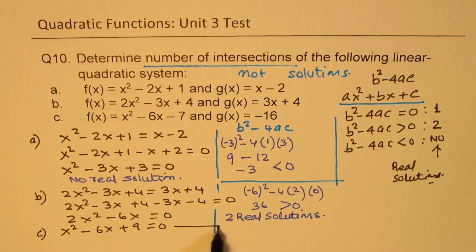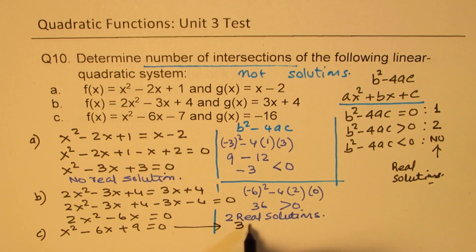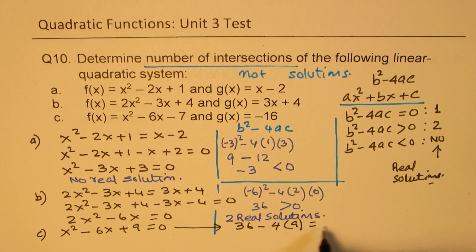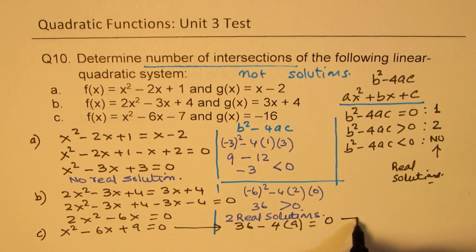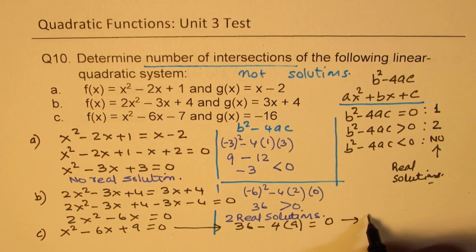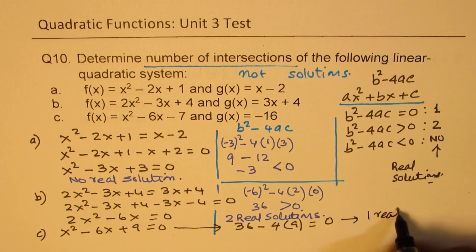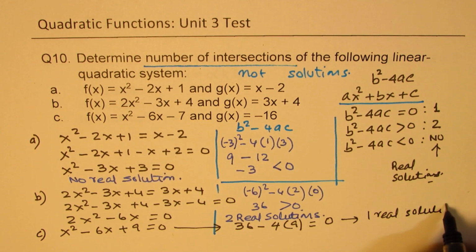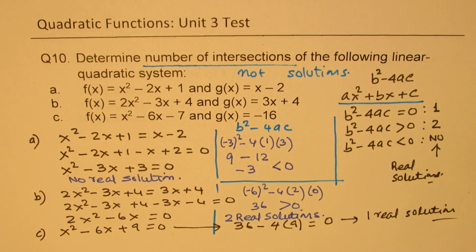So in this particular case, b squared is 36 minus 4 times 9, which is 0. So in this case, we get exactly one real solution. Is that clear? So that is how we are going to find how many solutions we have, right?